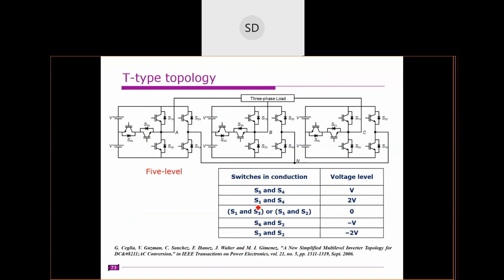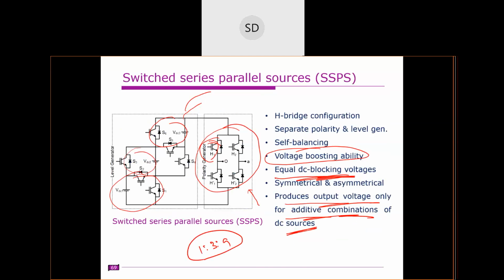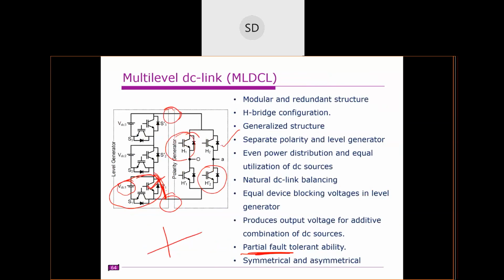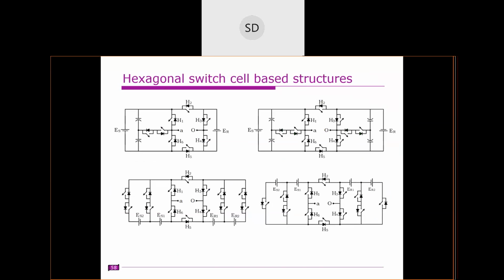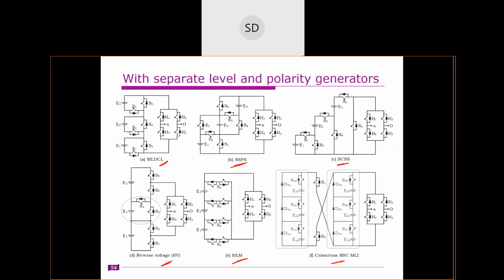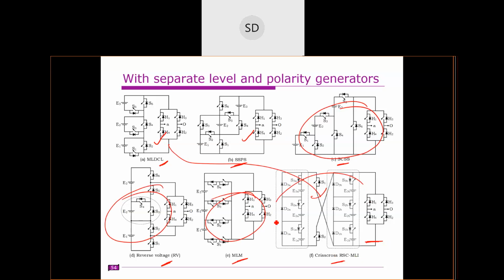If you compare all these topologies we discussed, the commonly used topologies are these. This one is commonly used, so this is also preferred. Here in SSPS there are some drawbacks, here also drawbacks, and here also some drawbacks. This topology is just an extension of the cross-connected topology, so it is not frequently used.